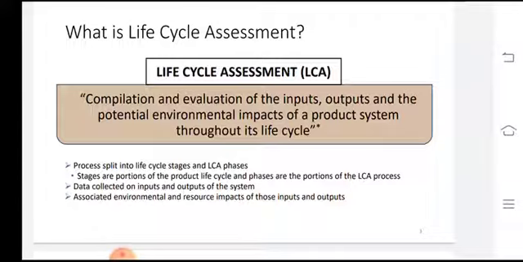Now we will evaluate how long this product is going to sustain in our system, what its implications will be on the environment, whether it is going to have a positive impact on the environment or gradually it will decrease its positive impact and then start its negativity.